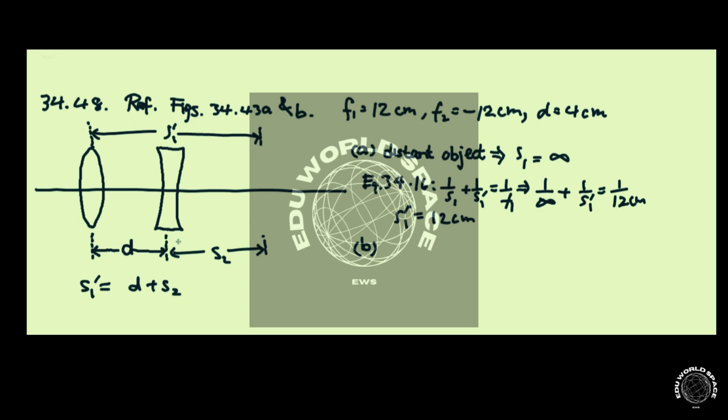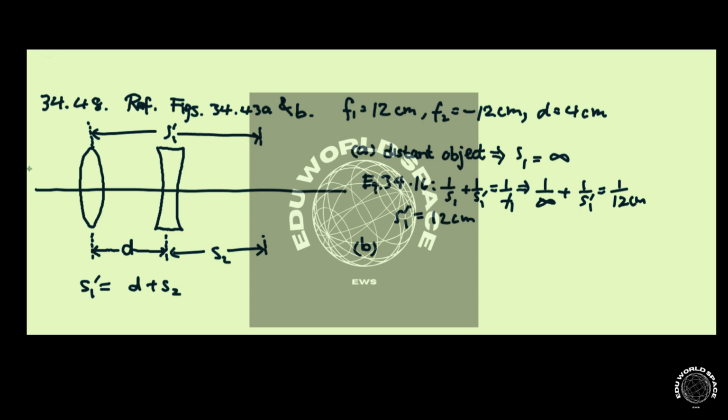Because the object is always measured relative to the thin lens. So the object for the second lens will be over here at S2 relative to this diverging lens.